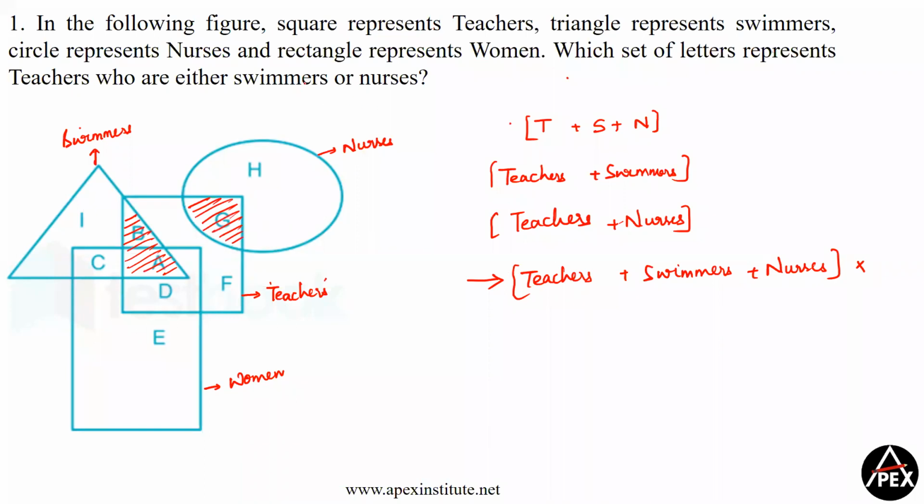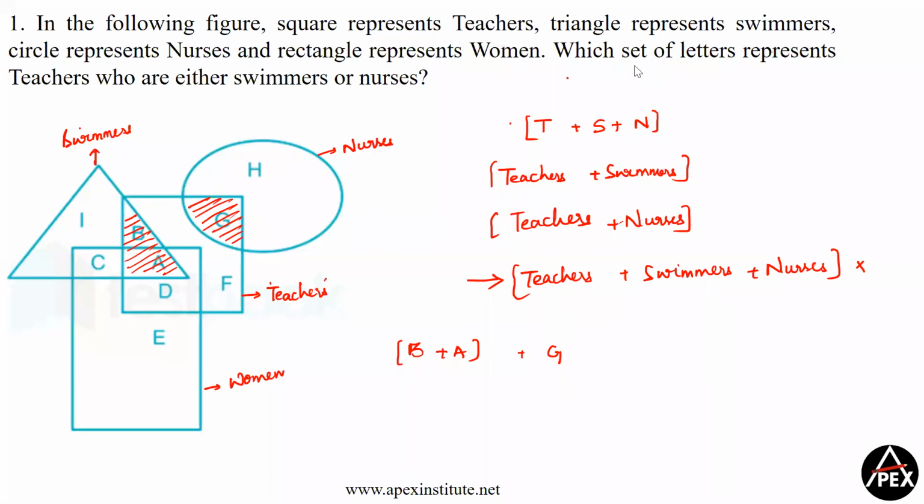No. So these two regions, B and A, represent teachers who are swimmers, and G represents teachers who are nurses. So what should be the answer for this question? It should be B, A, and G. The answer should be B, A, and G. Okay, clear, guys?